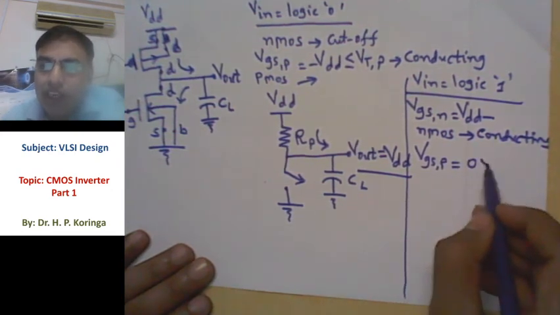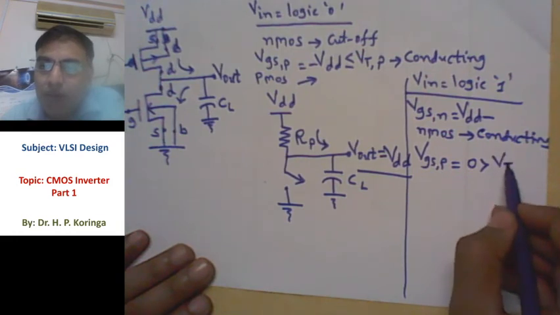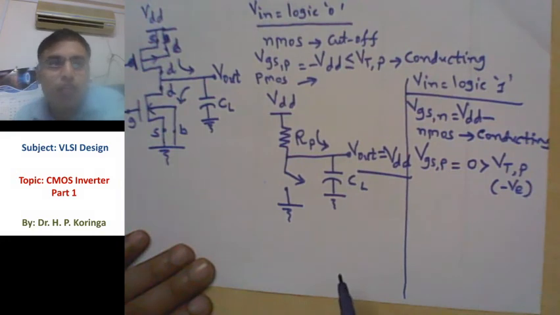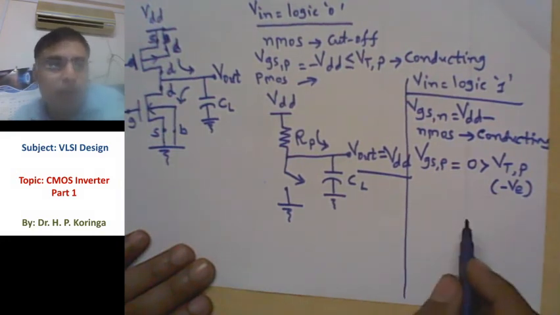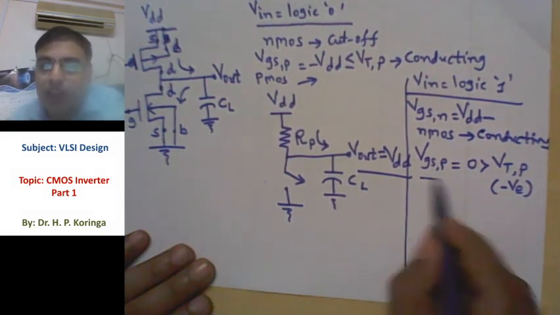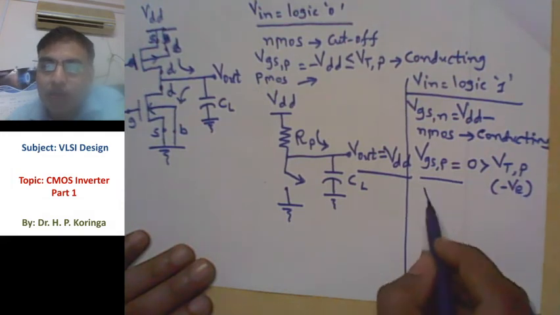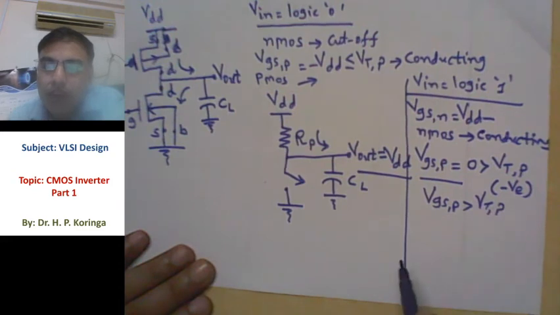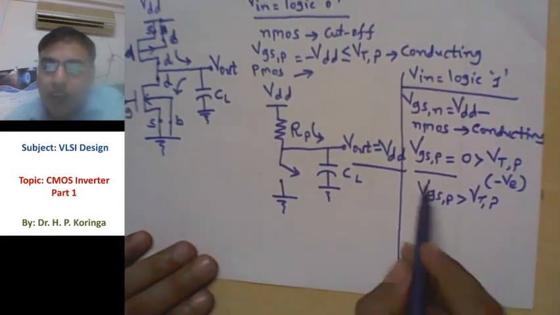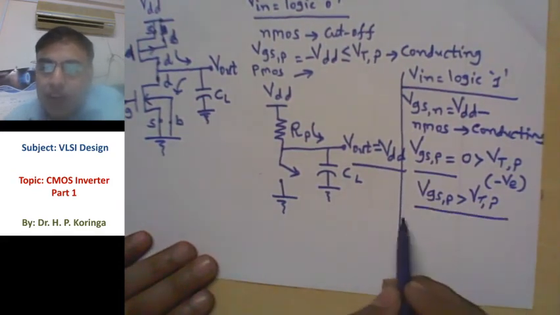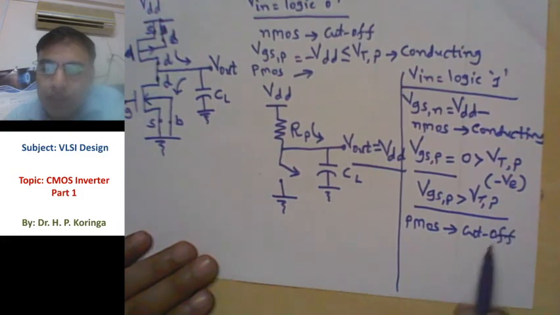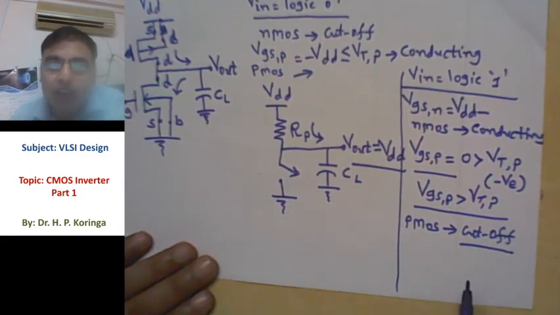And 0 is greater than the threshold of the PMOSFET because the threshold of the PMOSFET is negative. That means VGS of P is greater than the threshold. That means the PMOSFET operates in cutoff.